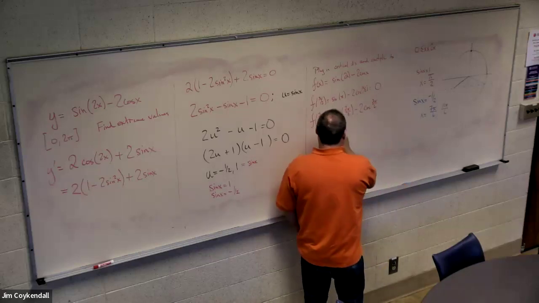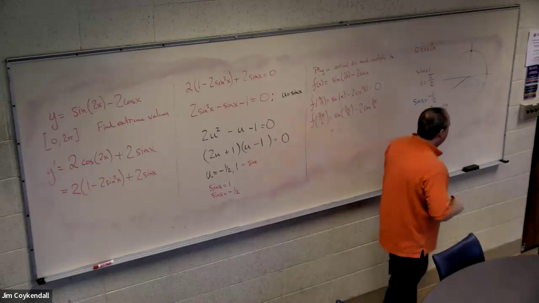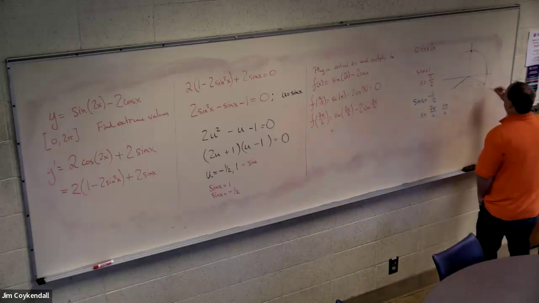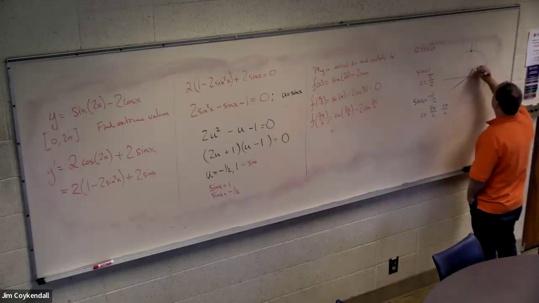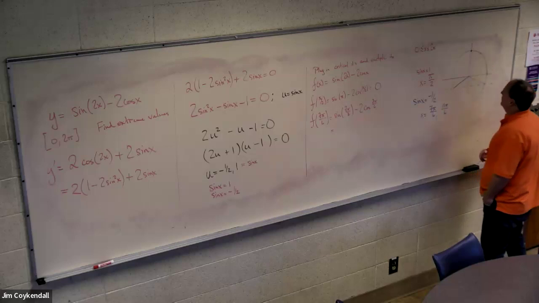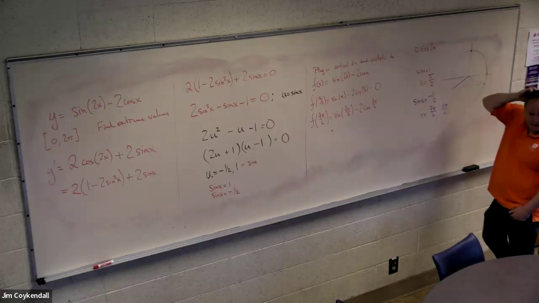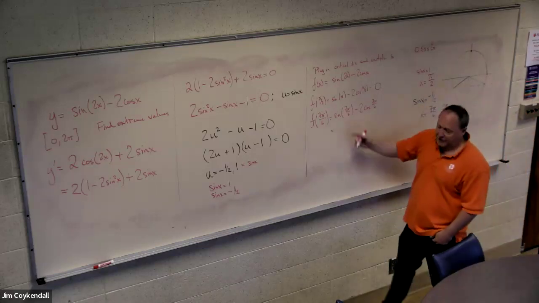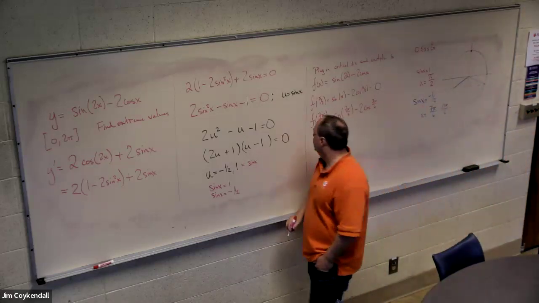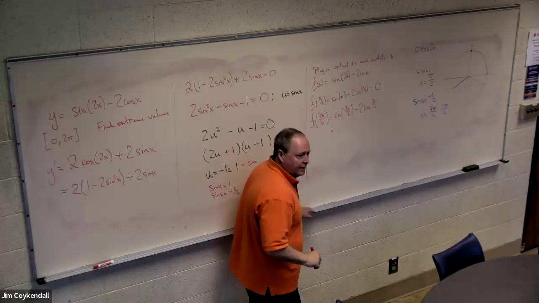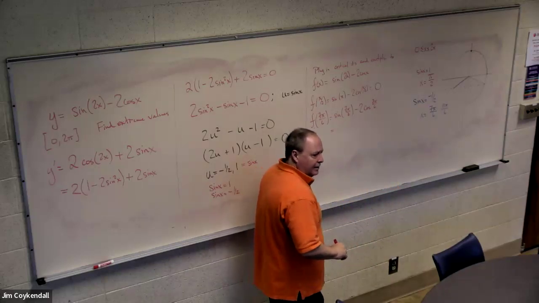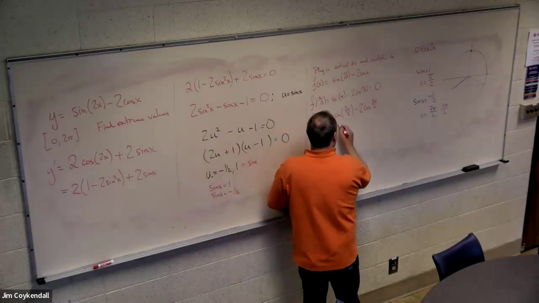All right, in this case, 7 pi over 3 is 6 pi over 3 plus another pi over 3. So that's just pi over 3. This is where 7 pi over 3 would be right here. So what's the sine of that? Root 3 over 2.